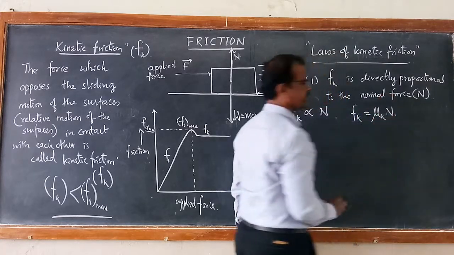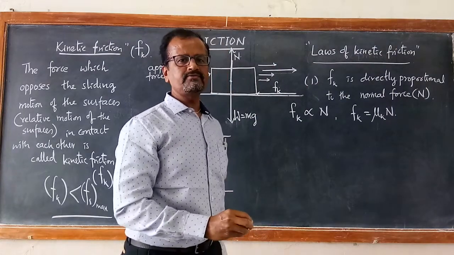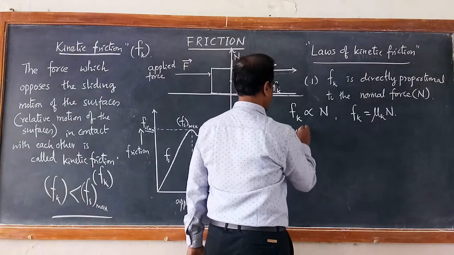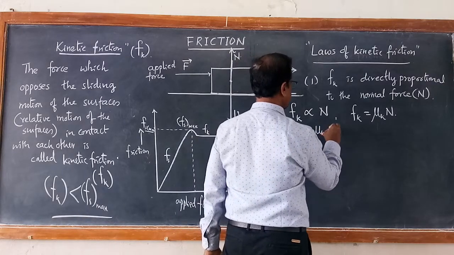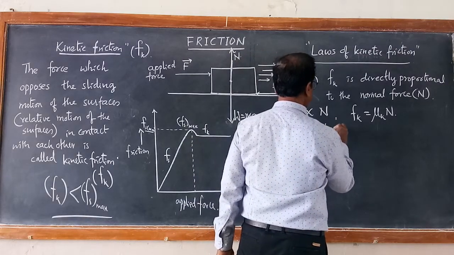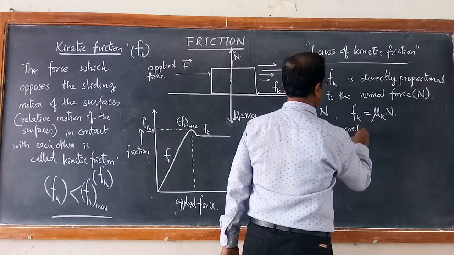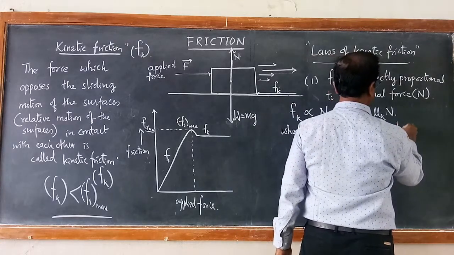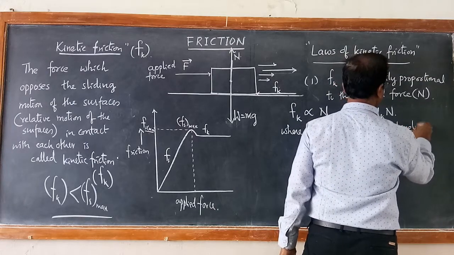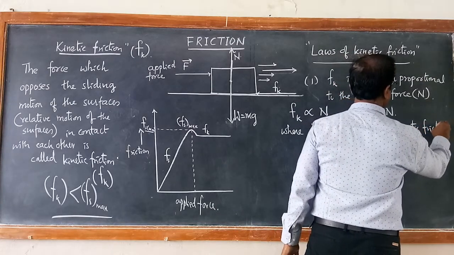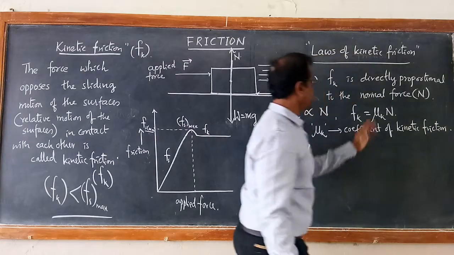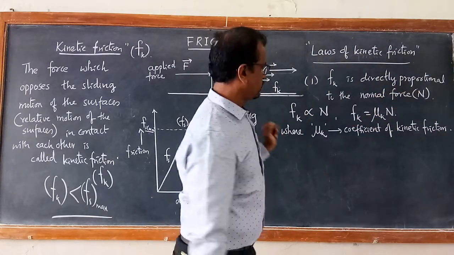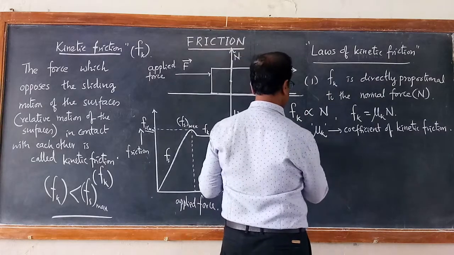This mu K is called the coefficient of kinetic friction. You can define the coefficient of kinetic friction in the same way as we defined earlier.